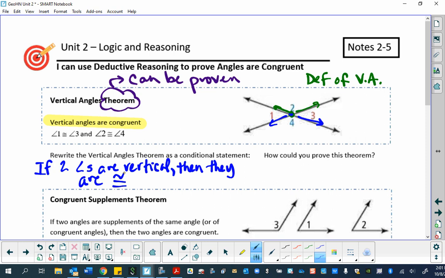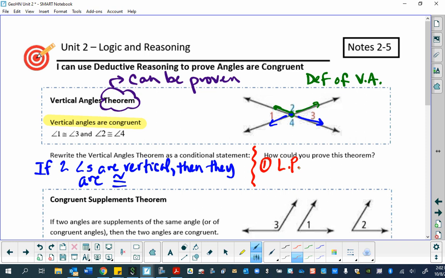But when we talk about how we could potentially go about proving it, an interesting conversation might be to start talking about our linear pairs. Name me two angles that are a linear pair. Call it out, Emery. 1 and 2. Name another angle that's a linear pair with 2. Say it out loud. 1 to 3? 3.